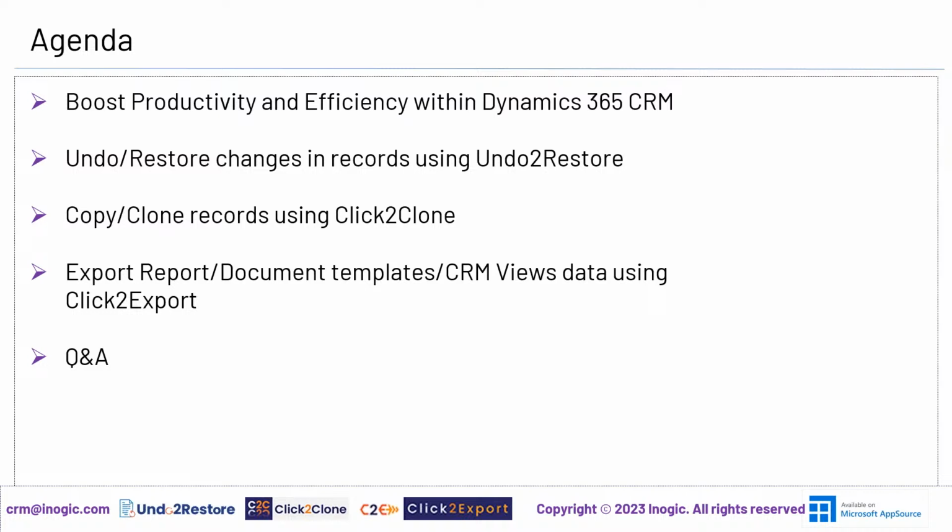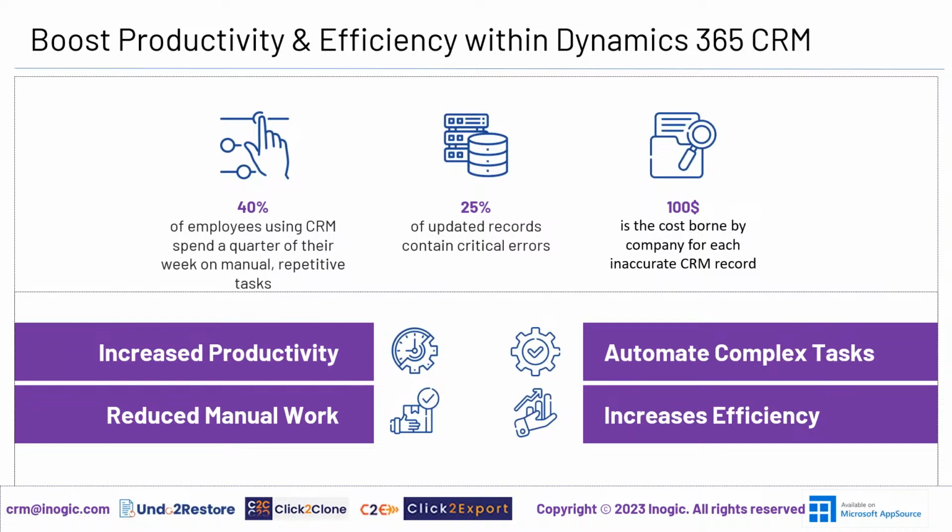Now, I'm a man of numbers. Being into business development, numbers have always fascinated me. So allow me to enrich you with some shocking and surprising numbers. 40% of the employees who are using CRM spend a quarter, 25% of their week on manual repetitive tasks.